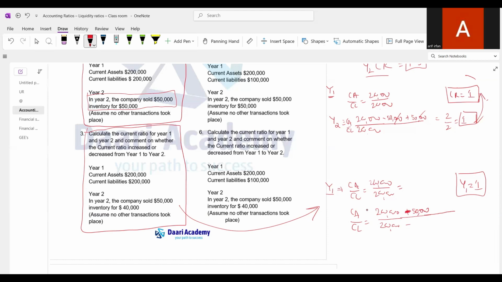कितने में बेचे हम लोग? 50,000? 40. 40. आपका कैश बॉक्स सोचो. कैश बॉक्स क्या हुआ? कैश बॉक्स ज्यादा हो गया ना?